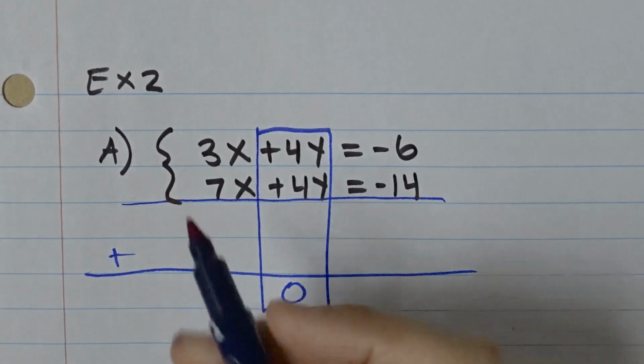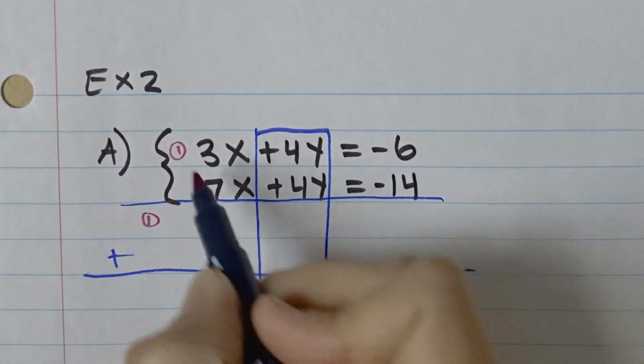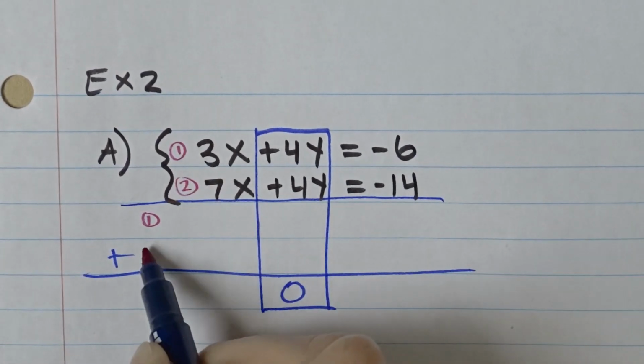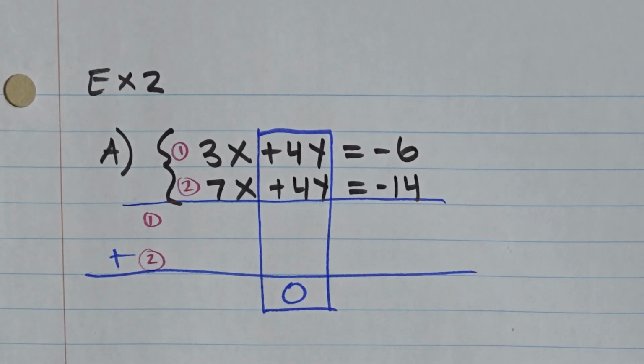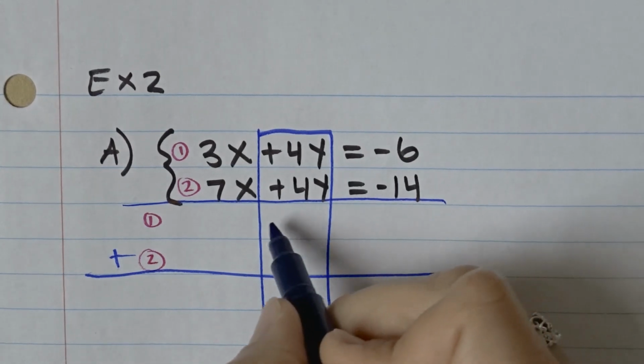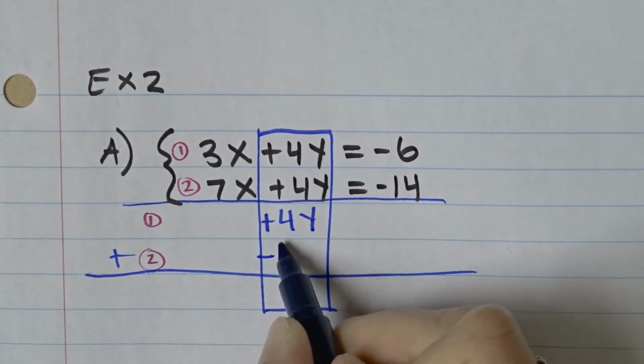Well, let's identify this as equation 1. And this will be equation 2. We're going to have to change a little bit of the problem. So looking at what I have and what I need, the only way I can get a 0 is if this was actually a positive 4y with a negative 4y.